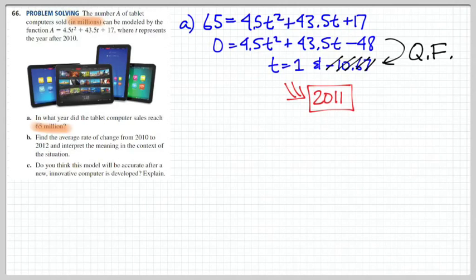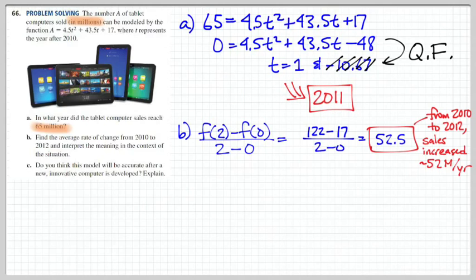Again, I'm going to set the equation to 0, subtract 65 from both sides, use the quadratic formula. I get two answers, but the negative one doesn't make sense, and I get a number exactly equal to 1. And the problem says that t represents the year after 2010, so 2010 plus 1 is 2011.